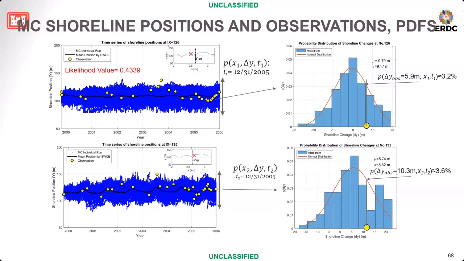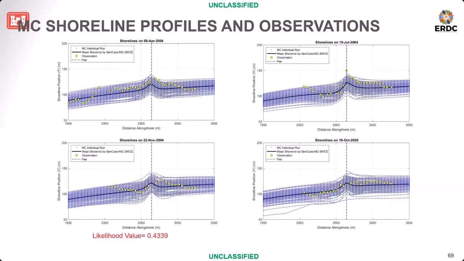We know the probability is included in the model, and the statistical features of shoreline position are much closer to the possible results given by the climate model. With that, we can also provide a cloud of shoreline profiles and compare with profile observations.